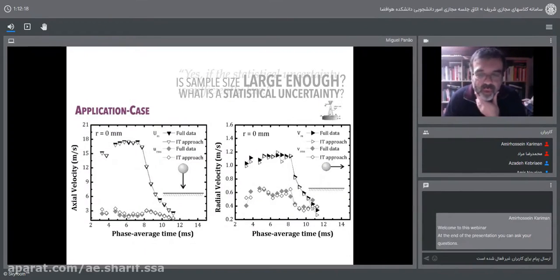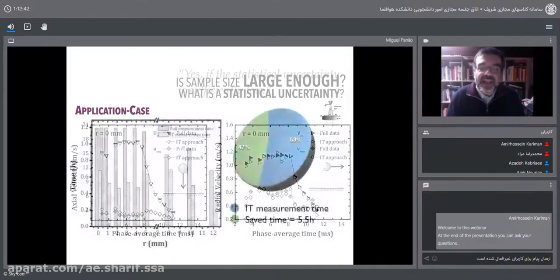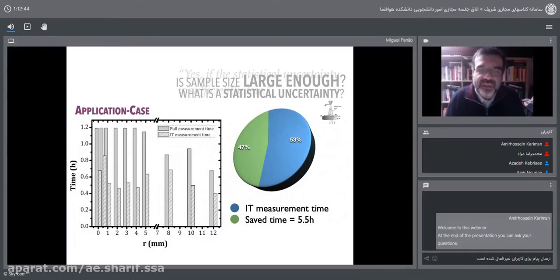And why is this important? Because I forgot to tell you that this spray is intermittent, which means that my data, and why I needed to acquire more data, is that I was going to divide it in time bins, and each time bin has a much lower quantity of data, right? So if I had used the information theory approach, what I found out, obviously much later, is that I could have saved almost half of the time.